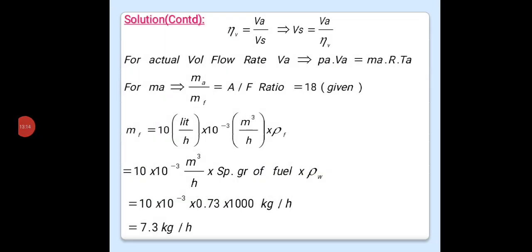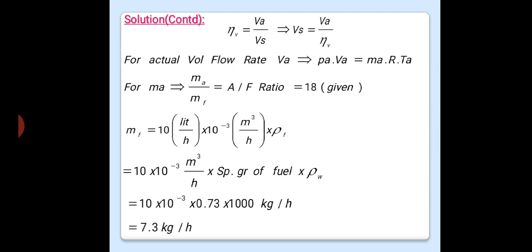We know that volumetric efficiency is the actual volume inhaled upon the swept volume. So first we have to find out the swept volume. So we know the actual volume inhaled and volumetric efficiency. For actual volume, we are using the general relation we have, that is actual volume is equal to mRT or rho into V. For mass, we have the air fuel ratio mentioned.